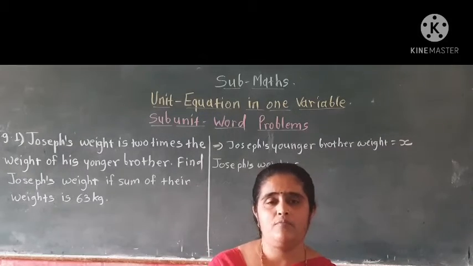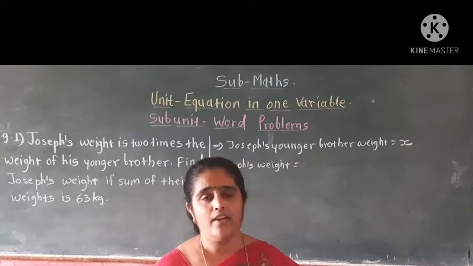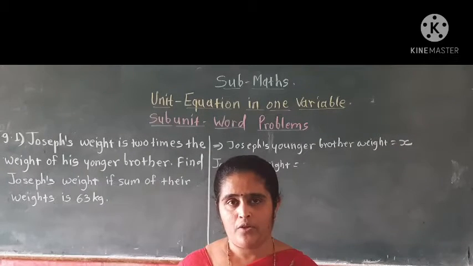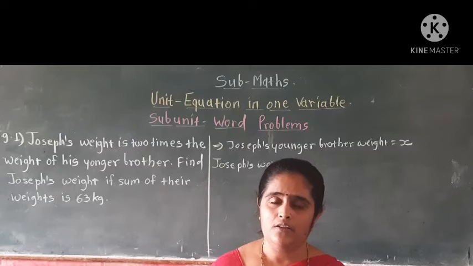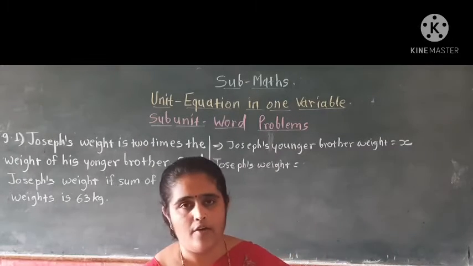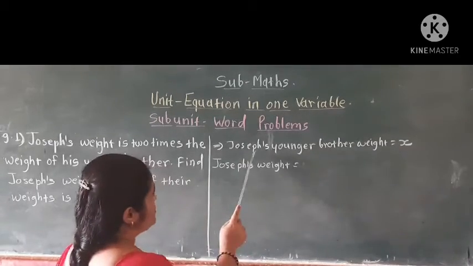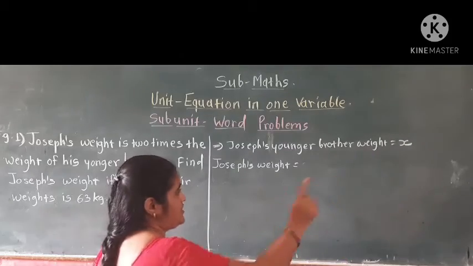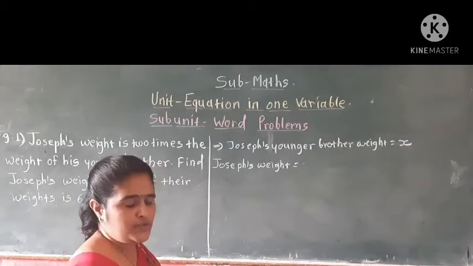In this example, the weights of Joseph and his younger brother are not given. First, we have to consider the weight of Joseph's younger brother as x. I have written here that Joseph's younger brother's weight we consider as x. Then what about Joseph's weight?